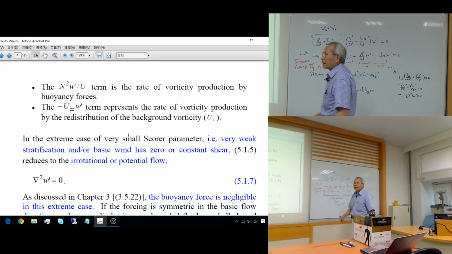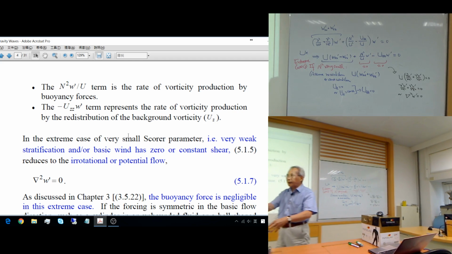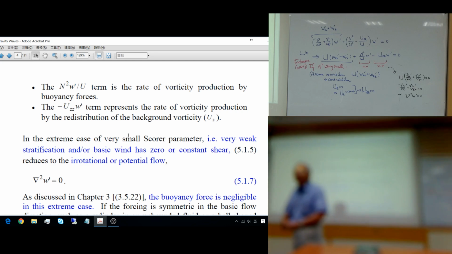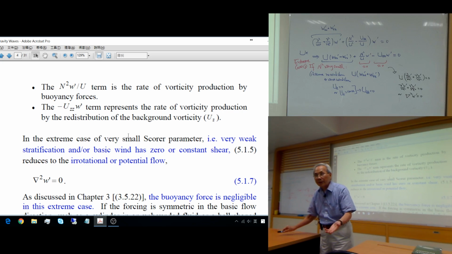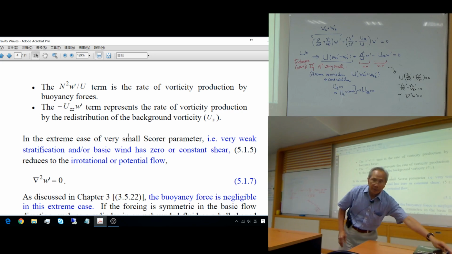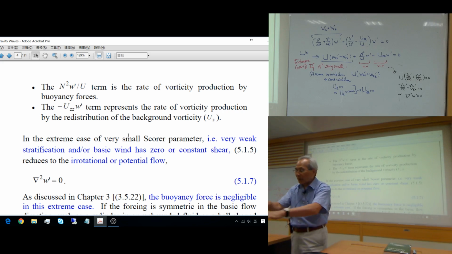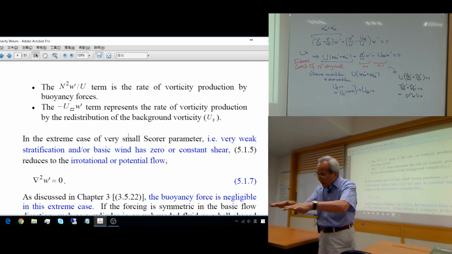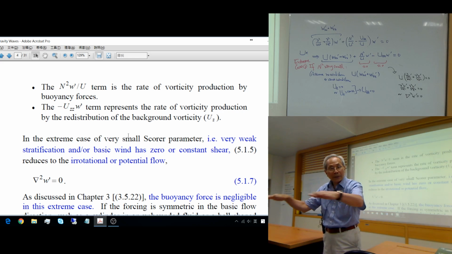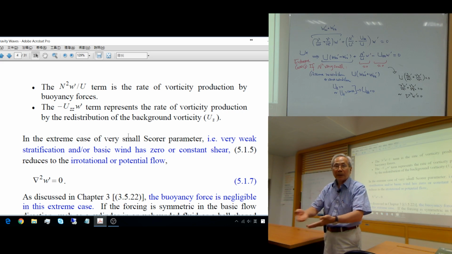That means the stratification is almost 0, very small. If stratification is very small, that means the fluid is like water, like an unstratified fluid.